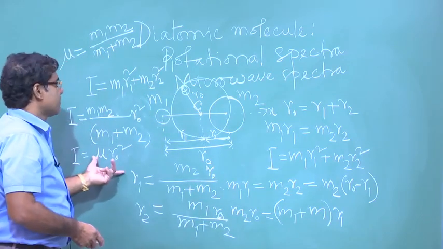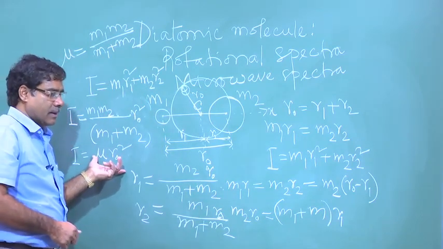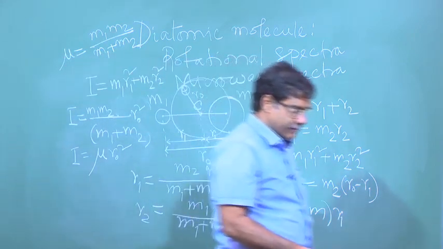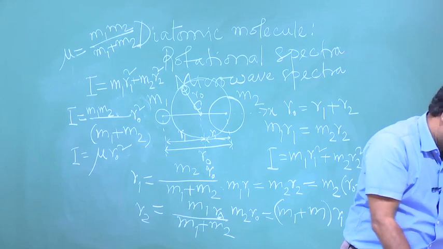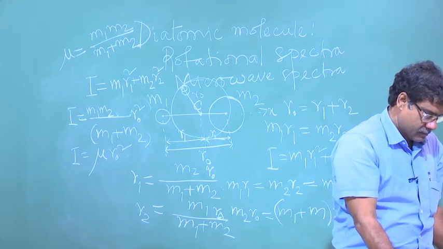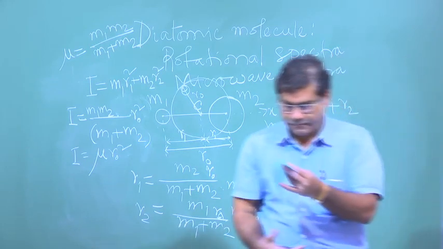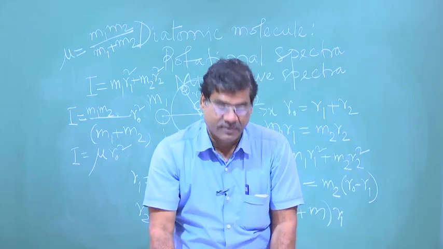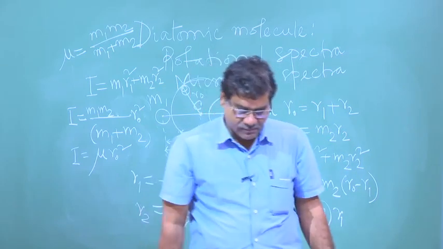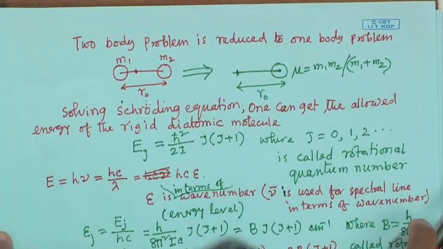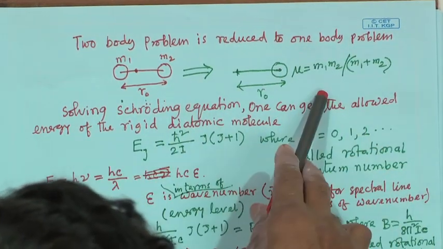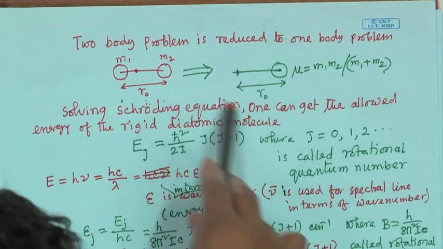So now it is reduced to one body problem. Okay. So basically you have now a problem like this. So I have reduced this two body problem to one body problem, right? So now this is our system.